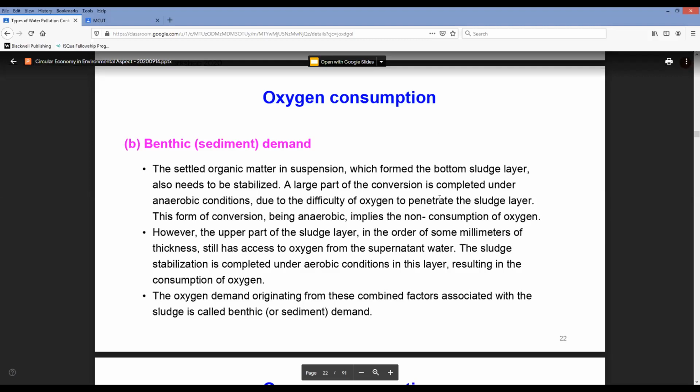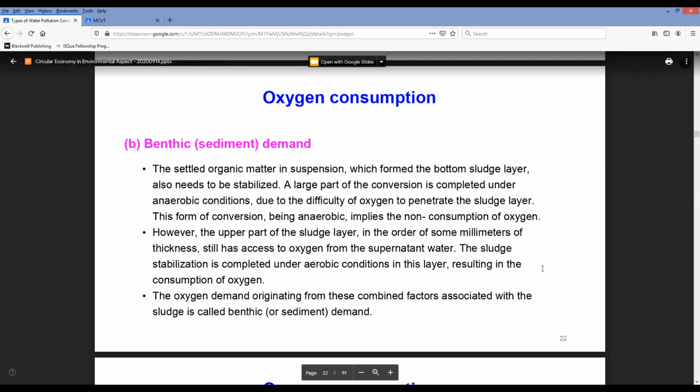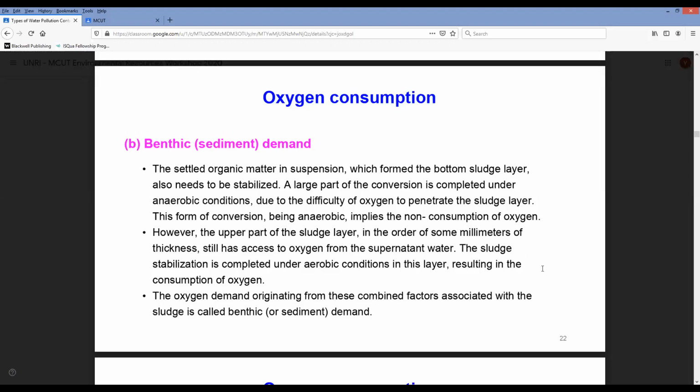Okay, and then the second part. However, the upper part of the sludge layer, in the order of some millimeters of thickness, still has access to the oxygen from the supernatant water. This is because the upper side of the lake is a little easier for receiving oxygen.